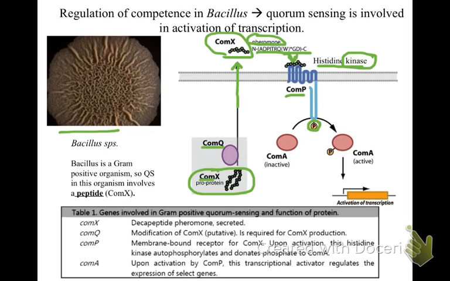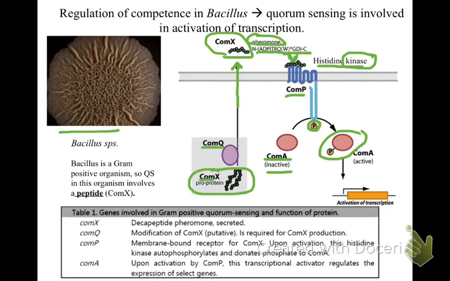Even though it stays in the membrane, ComP can now transfer that phosphate to ComA inside the cell. So this is a way to signal from the outside to the inside of the cell what's going on outside in the environment. When the phosphate is transferred from ComP to ComA, that converts ComA into an active form.